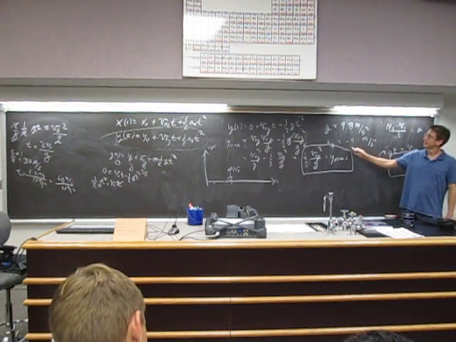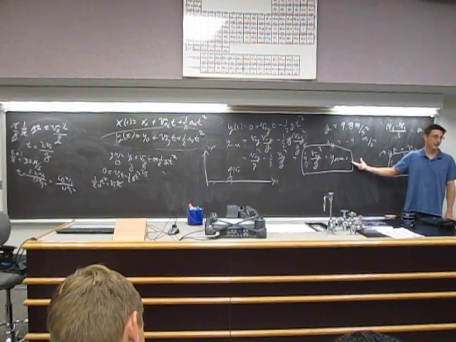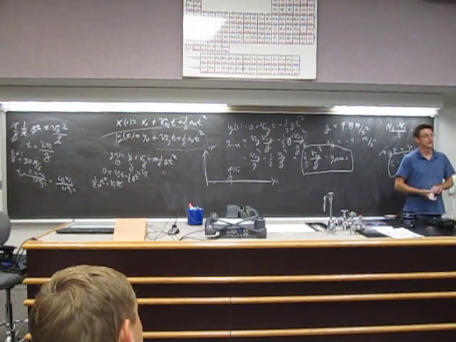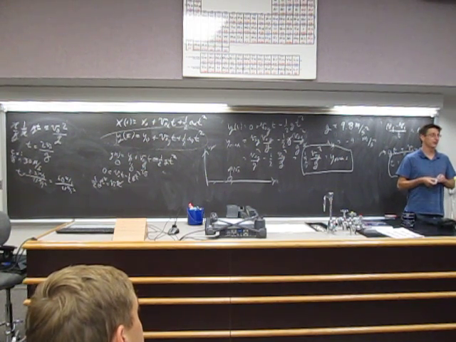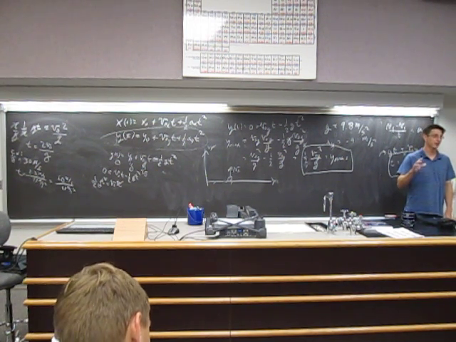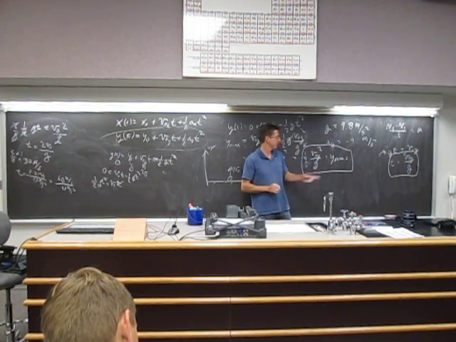By the way, there's a lot of equations that I'm deriving. Each problem may want a different equation. So I'm not interested in having you guys memorize all these different things that I'm getting up here.